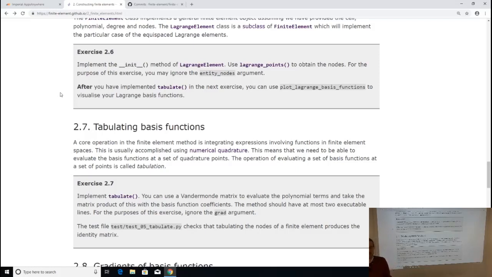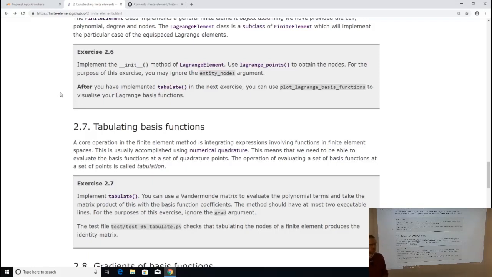And what we're going to do in the finite element method eventually is integrate some function which is made up of basis functions. We're going to integrate it using numerical quadrature. And so the logical consequence of that is that you need to be able to evaluate basis functions at quadrature points. And that is what tabulation is.